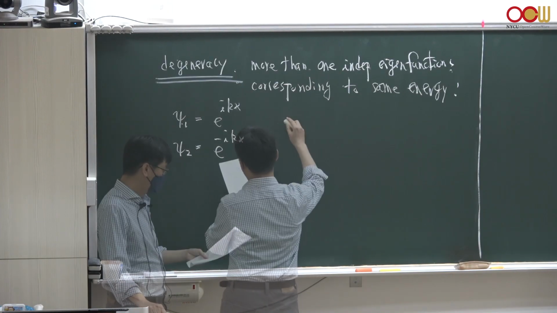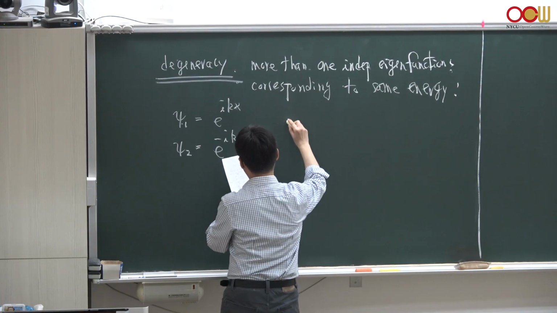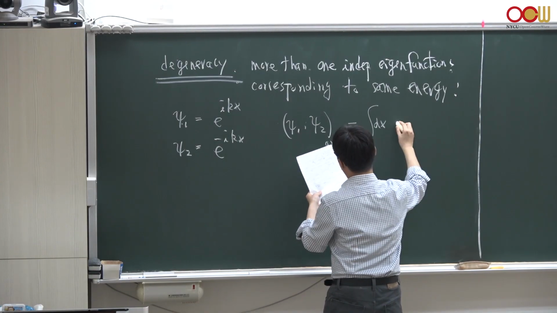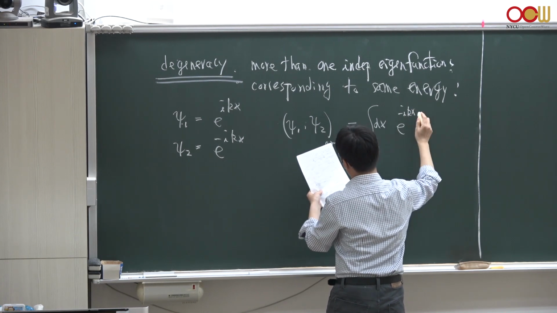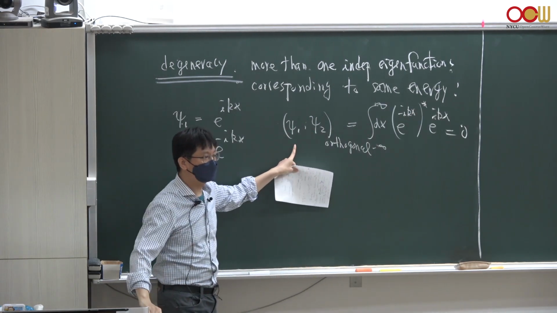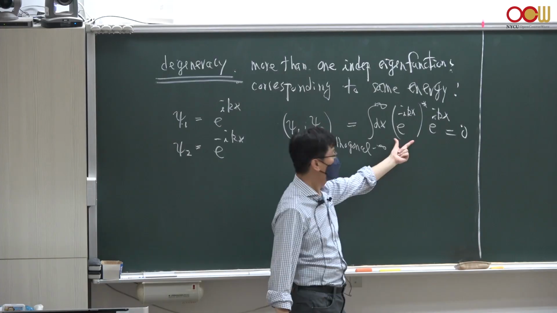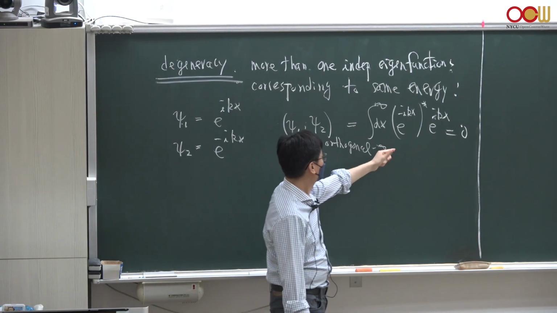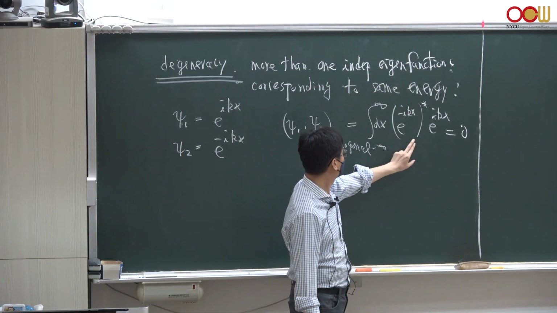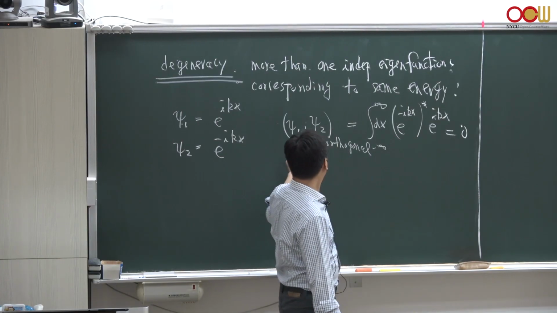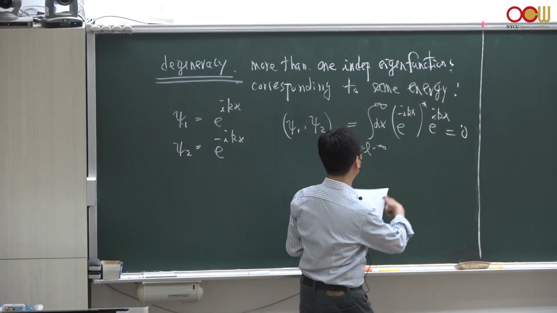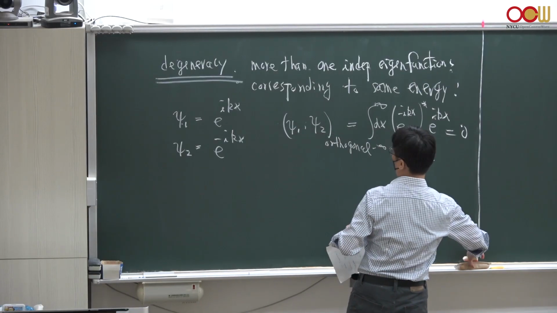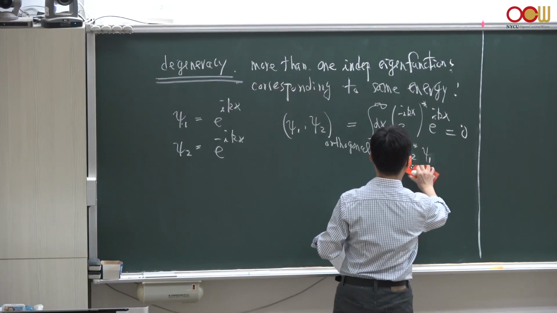Both eigenfunctions are independent because if you take the overlap integral, which we can define already, it vanishes. By definition, the overlap between psi 1 and psi 2 is defined by this integral where psi 1 gets a star and psi 2 has no star.